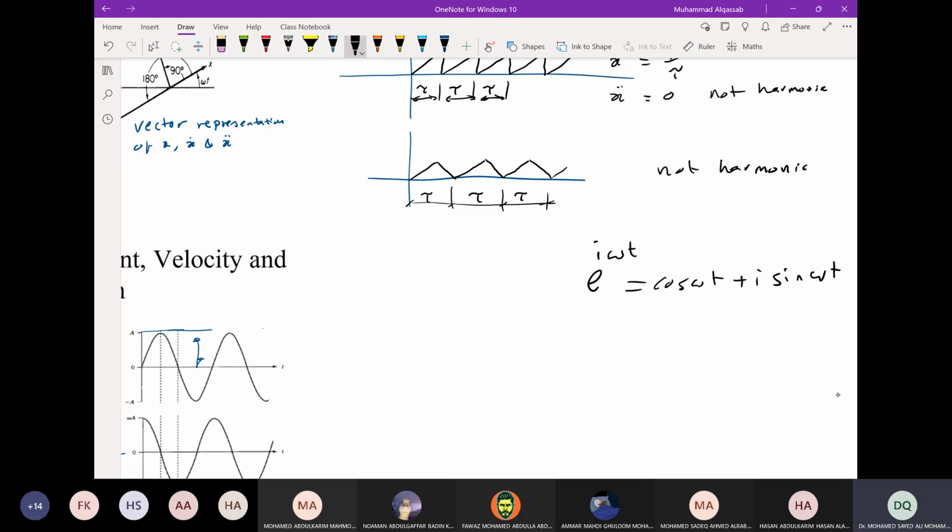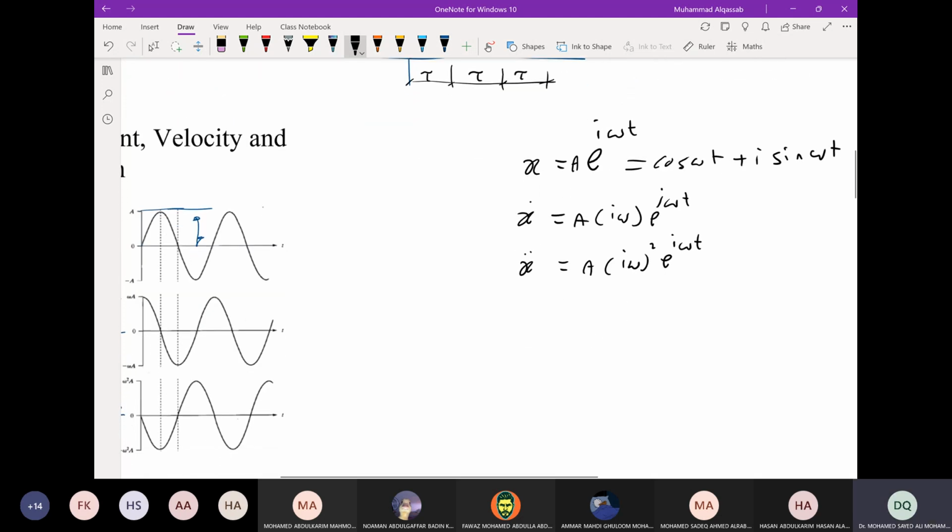Because if we let x equal a e^(i omega t), then x dot equals a times the derivative of e^(i omega t) with respect to time, which is i omega e^(i omega t), and the second derivative is a times (i omega) squared e^(i omega t).